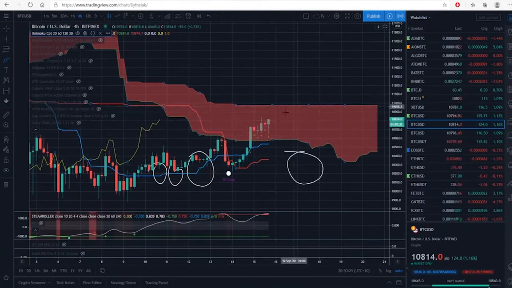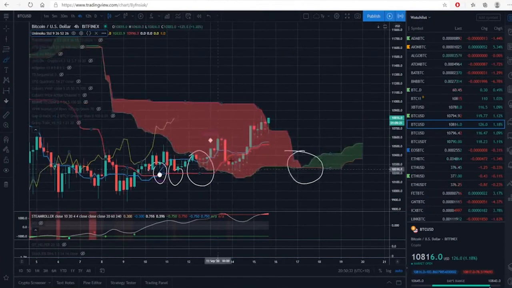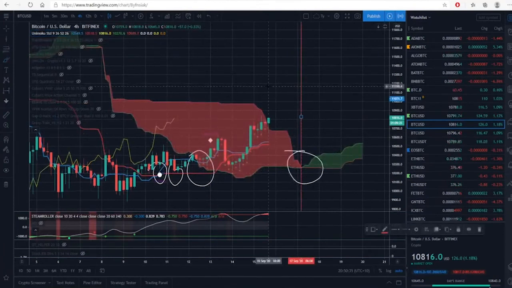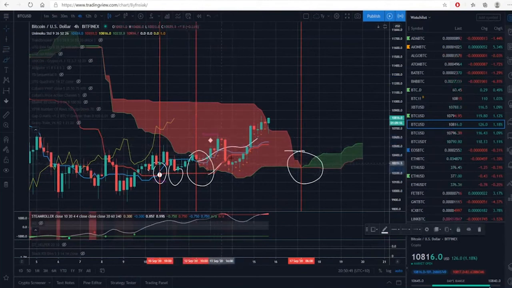So if we were looking at the crypto settings alone, we're still bearish. Whereas here we had more immediate data telling us with further confirmations that we were bullish at this point here. We were bullish at this cloud support or this edge-to-edge trade, and we've still got divergence between our base and our conversion lines.